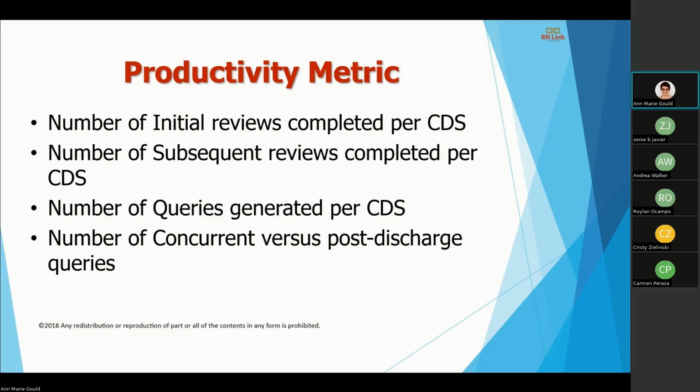As a CDS at the current facility I work for, coders cannot send queries, only the CDSs do. So we send all the post-discharge queries as well. There are some facilities where the coders can send their own queries post-discharge. But for right now, I send all the post-discharge queries for the current contract job I'm in, and they take that into account in the productivity metric with the queries.